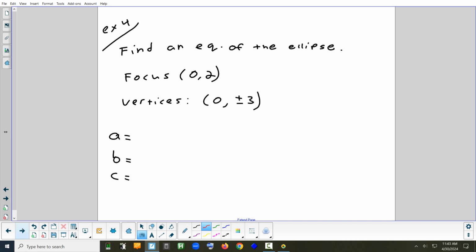Yeah? C is 2. How do you know C is 2? Oh, okay. Well, C is the distance from the focus to the what? Center, but I didn't give you the center.